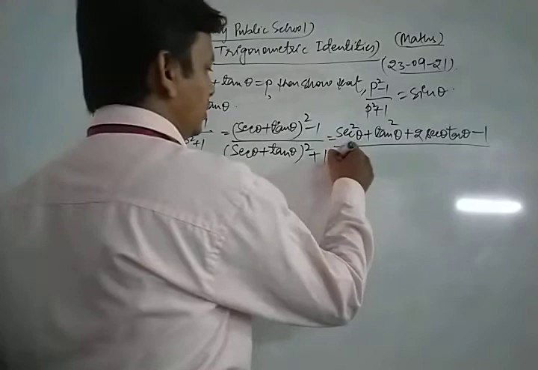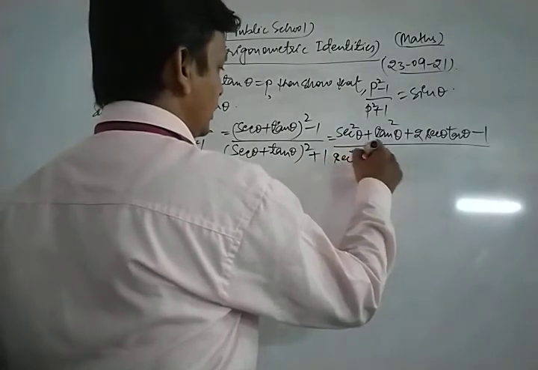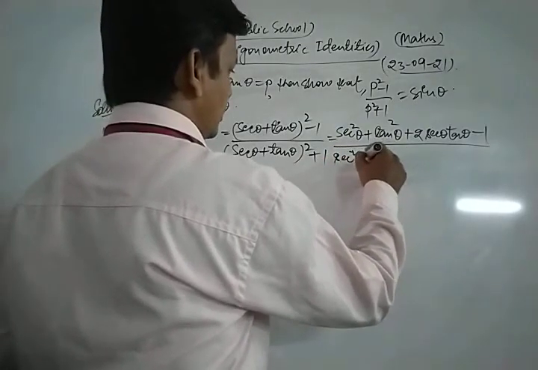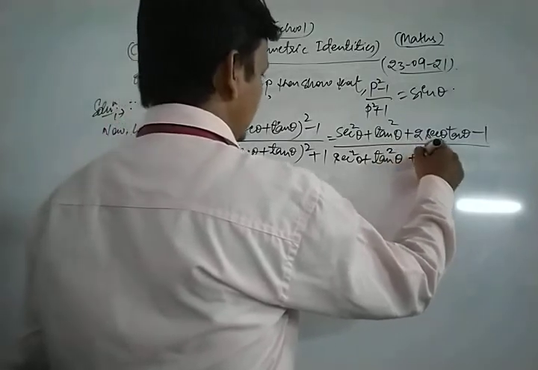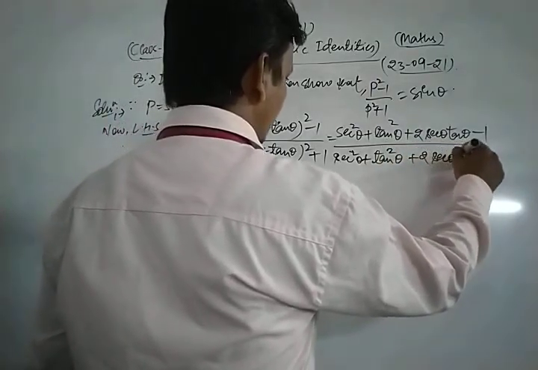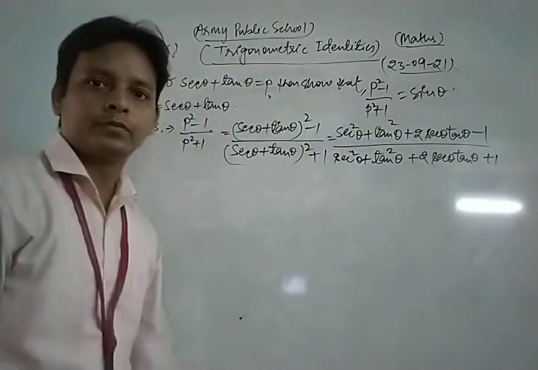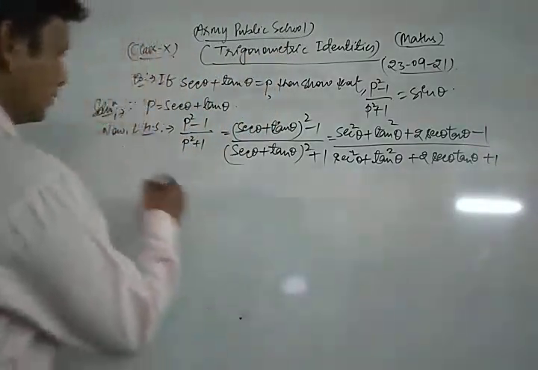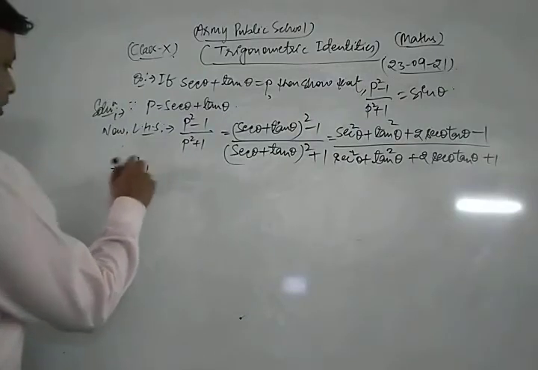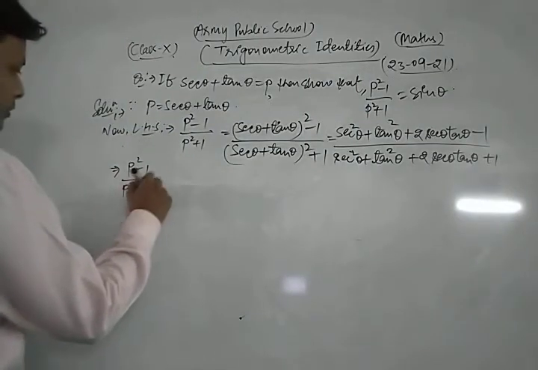So look, this is a square plus b square plus 2 sec theta into tan theta, plus 1. Okay, now look, the value of p square minus 1 upon p square plus 1.